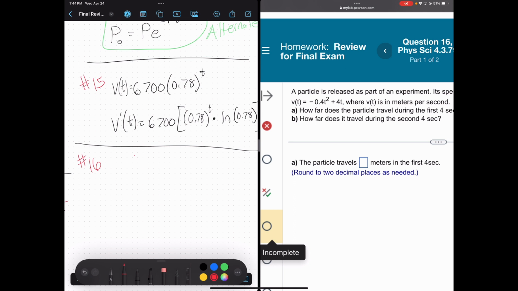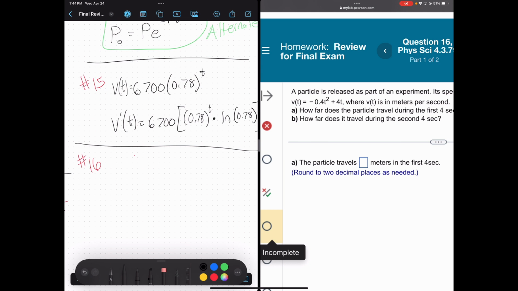Oh, I do need the antiderivative. Because if I just plug in 4 to my velocity equation, that's going to tell me how fast I'm moving after 4 seconds, but not how far I've moved. This goes back to what we talked about with antiderivatives. The antiderivative or the integral of a rate function gives you total change, and that's what I'm looking for here.